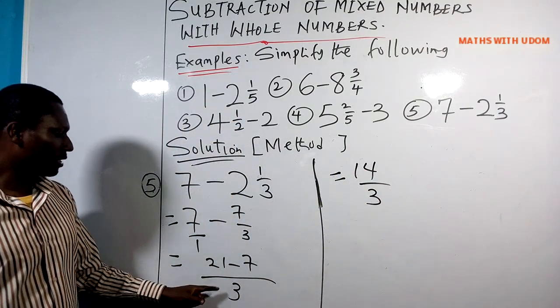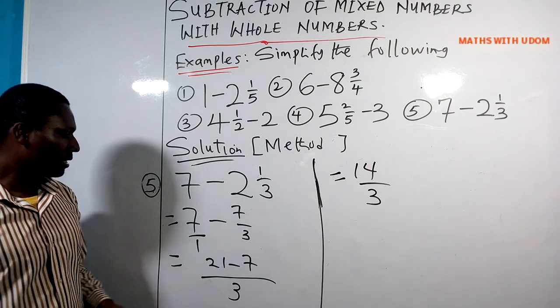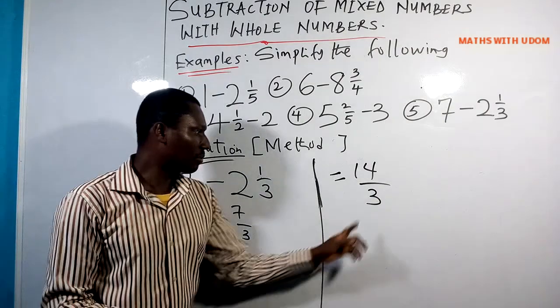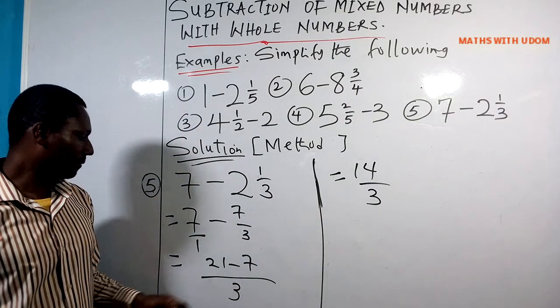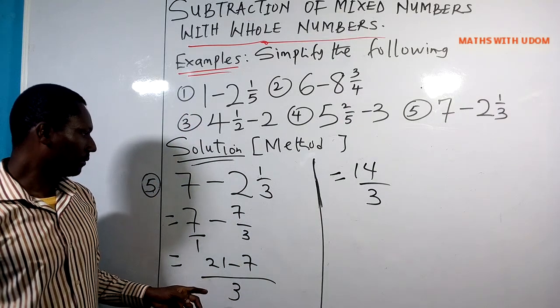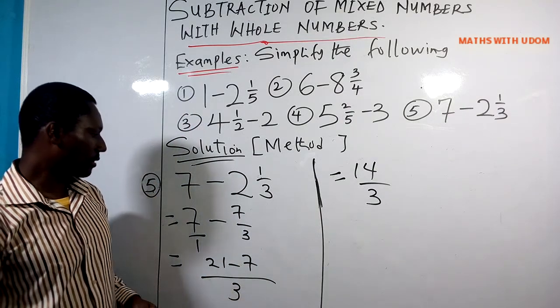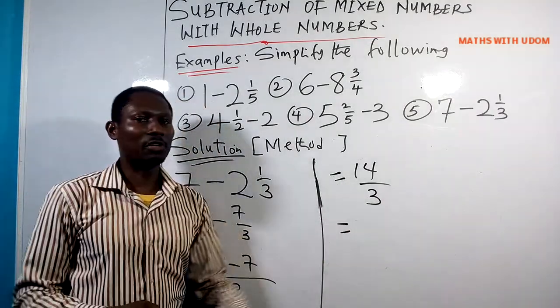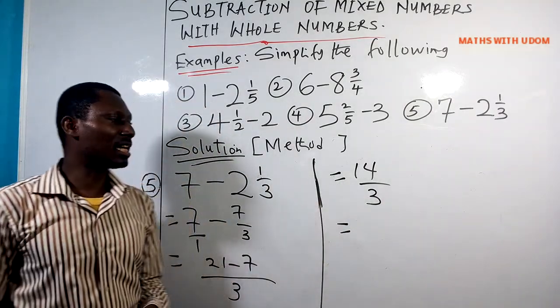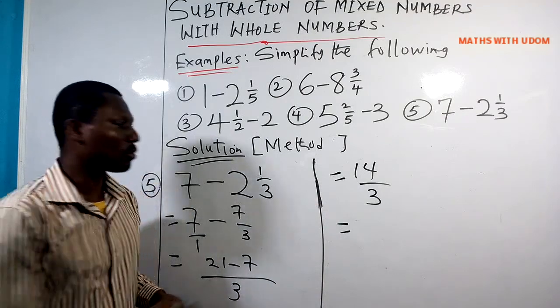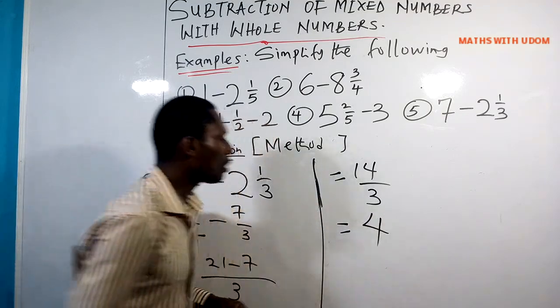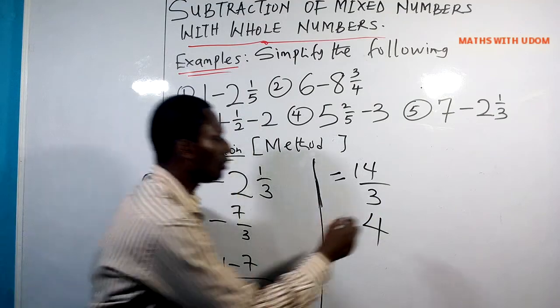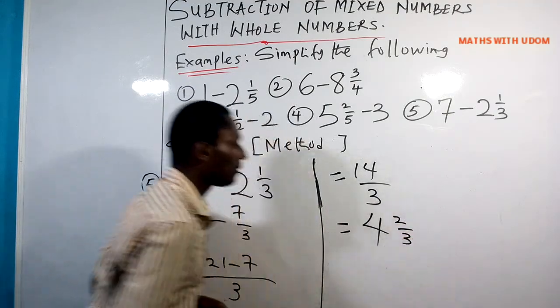Now, if you do that, you get 14 over 3. Now, how many 3s can go in 14? Remember, 3 times 4 is 12. So we have 4, remainder 2, so 2 over 3.